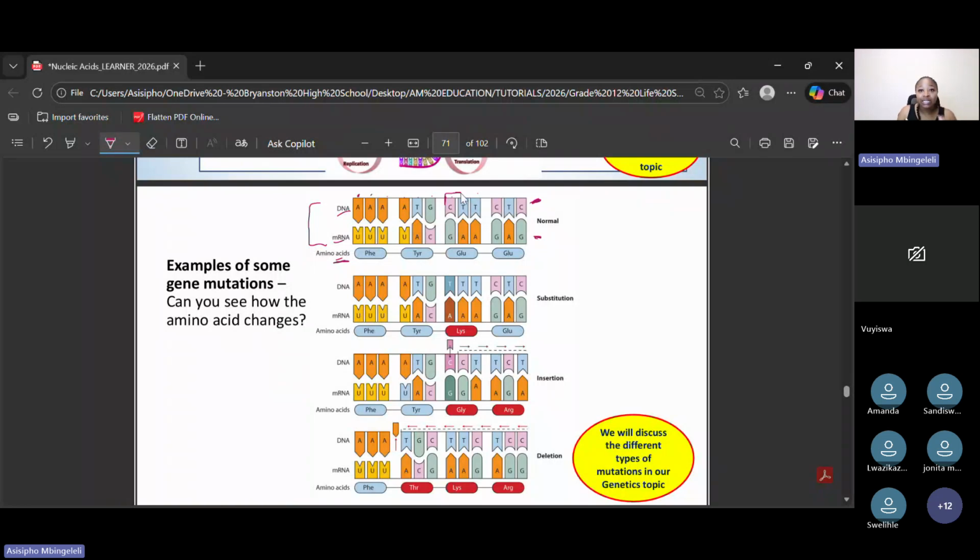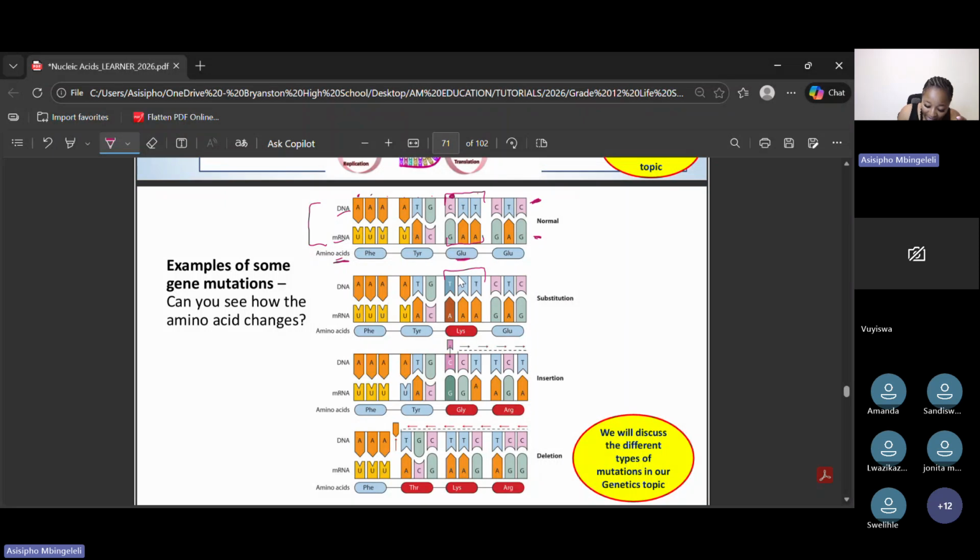In our original DNA, we had CTT, meaning our messenger RNA codon was GAA, which then coded for the amino acid glutamine. Now, what did we see happen here? If you look at the very same region, we no longer have a C as our first base in this triplet.